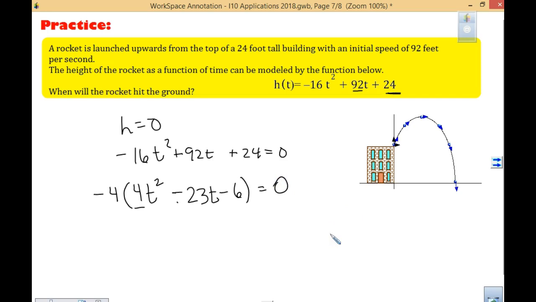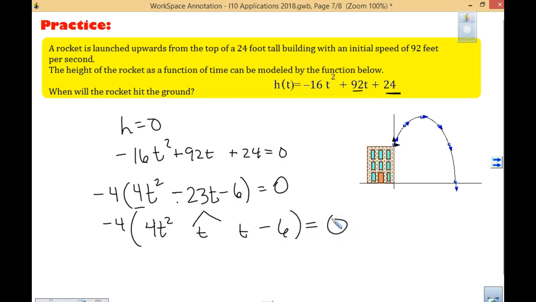Now some of you like factoring with that AC method, and others of you are like, oh my gosh, I have no clue how to do this. So could you use the quadratic formula? Definitely. Okay. You could factor this, thinking of this as 4t squared, and you're going to split this with your 2t terms minus 6 equals 0, and then you'll do the factors.